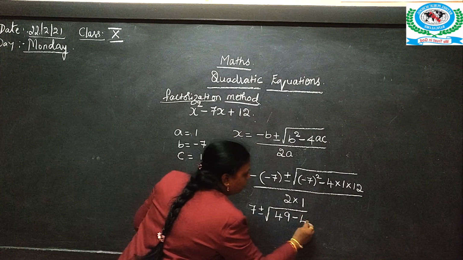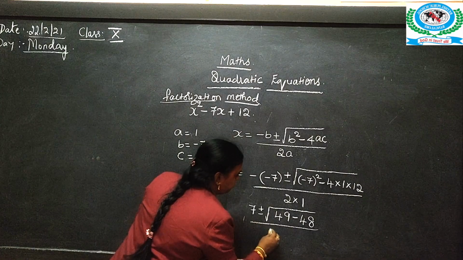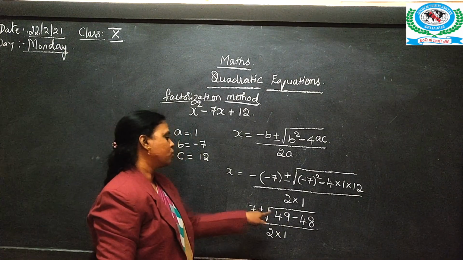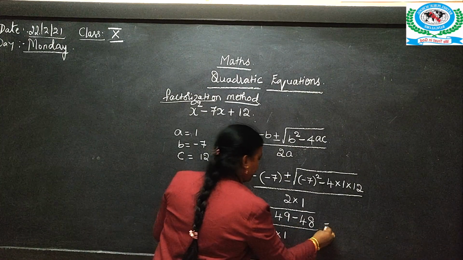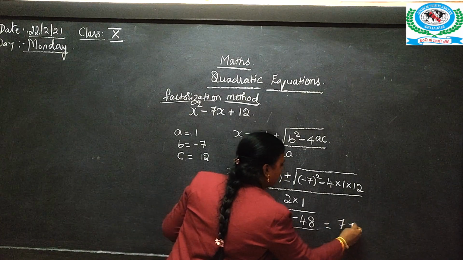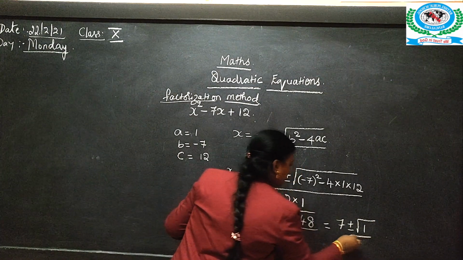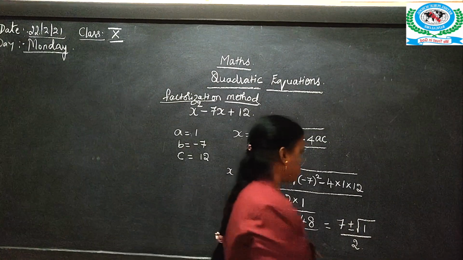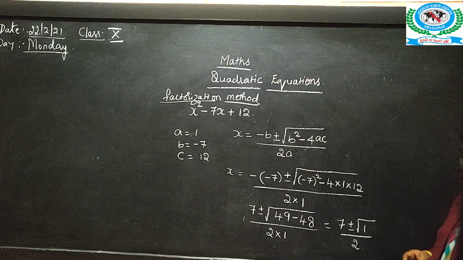So it is 48, divided by 2 into 1. So 49 minus 48 will give me 1. So 7 plus or minus square root of 1 divided by 2 it is. 2 into 1 it is 2. So 7 plus or minus root of 1.